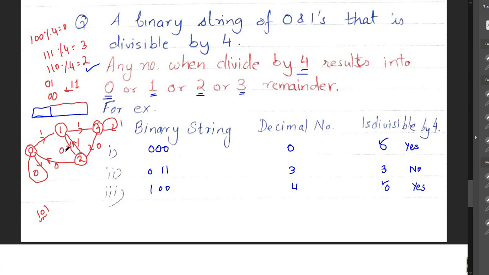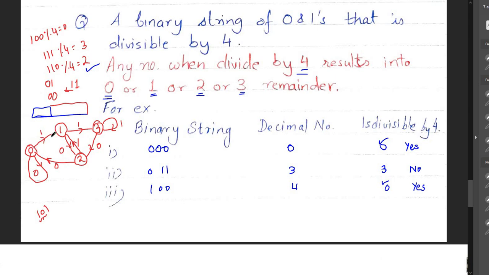So ultimately the previous remainder is important. Only the previous remainder is important. The entire number does not have any relationship with the next state.